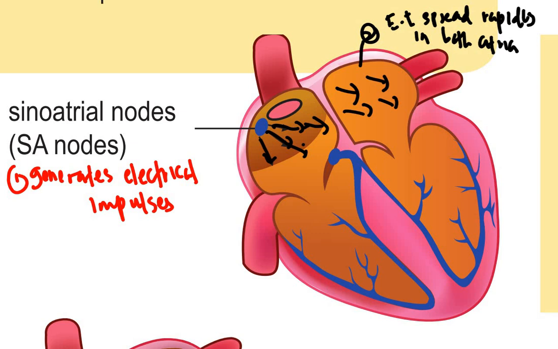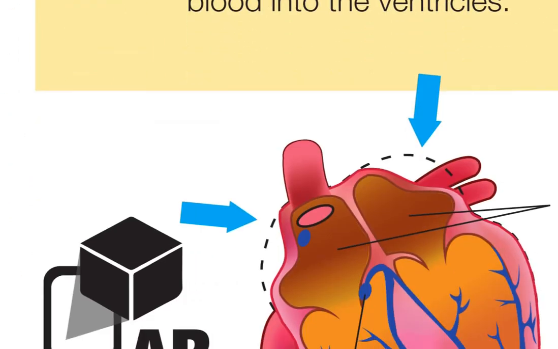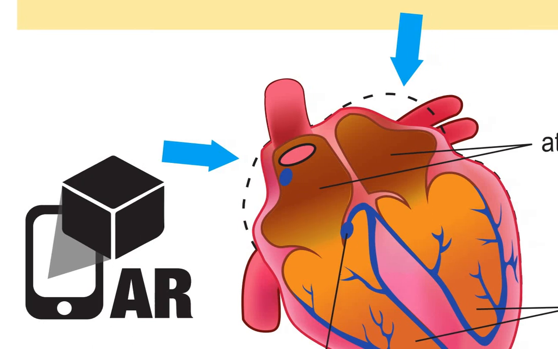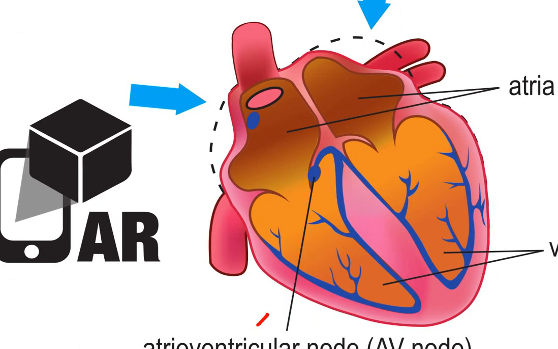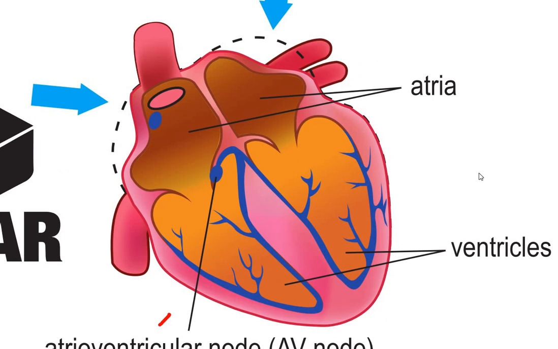So next, what happened? Okay, we move on to the next diagram. So the impulse spreads rapidly to both atria.